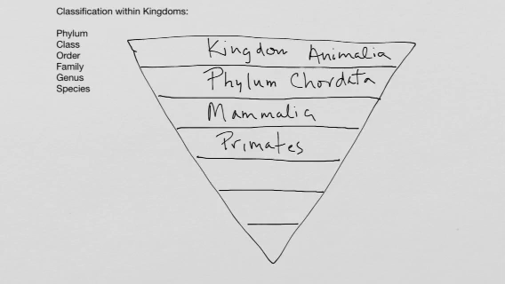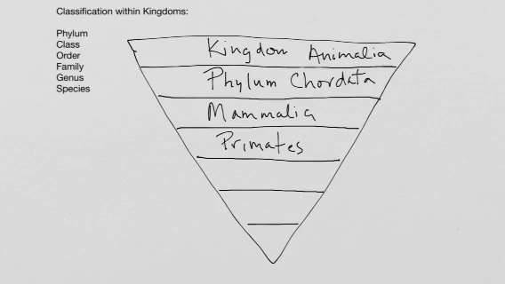It looks at a variety of organisms that are not necessarily bipedal, which means they walk on 2 feet, but that have very developed differences between hands and feet. Primates includes a variety of different organisms that we're going to talk about in more detail as we go further down classification.